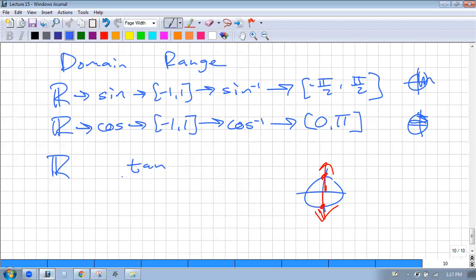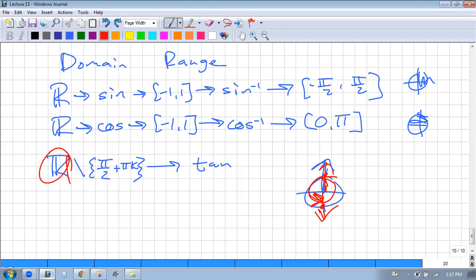So you can plug in any number except for pi over 2, or any angle that points in the same direction. If I add pi to pi over 2, I'm pointing down. If I add another pi, I'm pointing up. You add multiples of pi to pi over 2. Those are all angles you cannot plug into tangent.